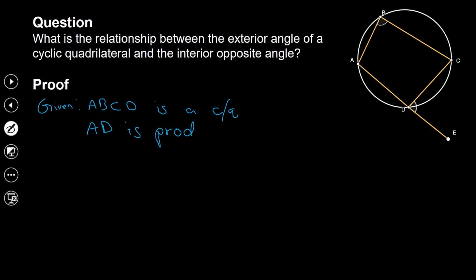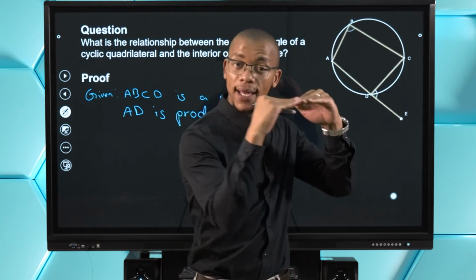Now I'm introducing another word. Produced, please, it's not about manufacturing or producers as we know them. Produced to E. In this context, in mathematics, when we talk about something being produced, we are saying it's been extended.